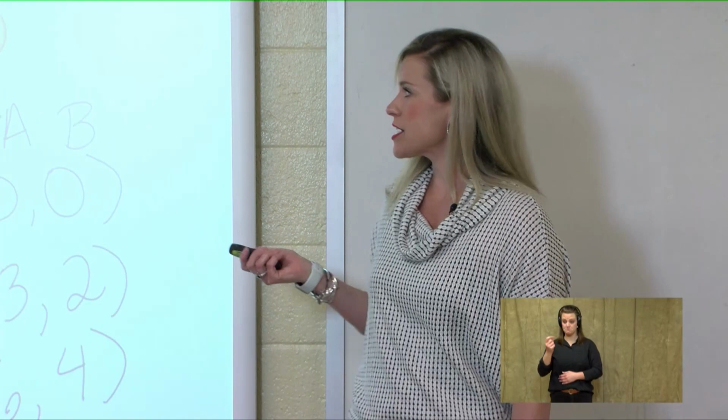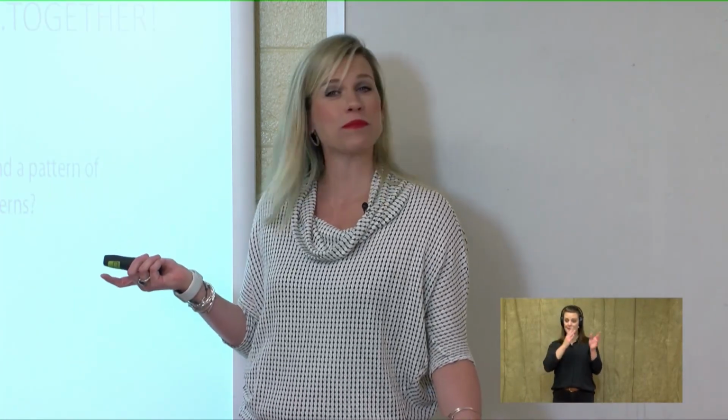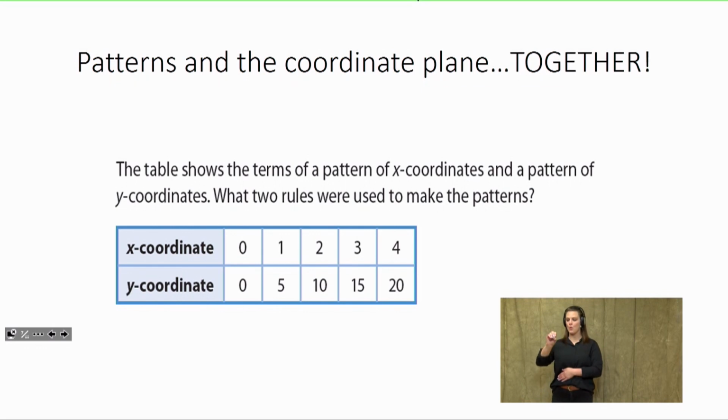Okay? So let's take a look at what we've got today. Again, we're looking at patterns and the coordinate plane because they go together. It says the table shows the terms of a pattern of x coordinates and a pattern of y coordinates. Now remember what I said. I hear the word pattern and I hear x coordinate.